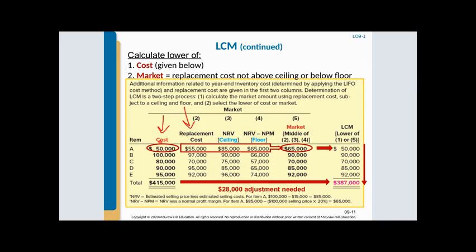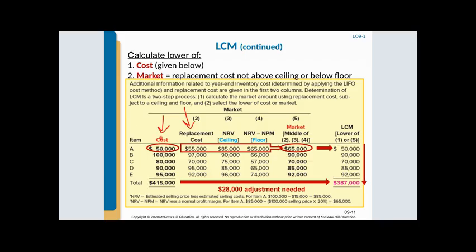In this case, we have cost is lower. This is a good example because usually you guys get confused in this situation. Now remember that we can never ever write up the inventory. We can only write it down.